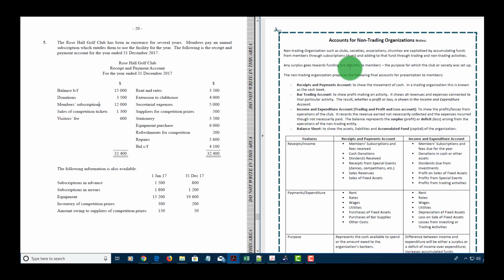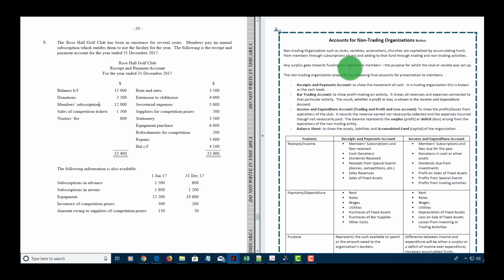Alright, these organizations do not have a trading and profit and loss account as the main financial statement.